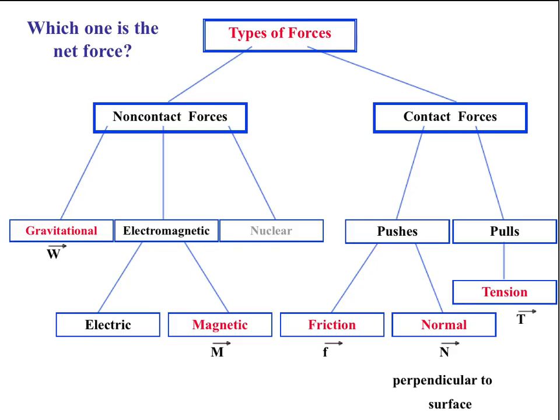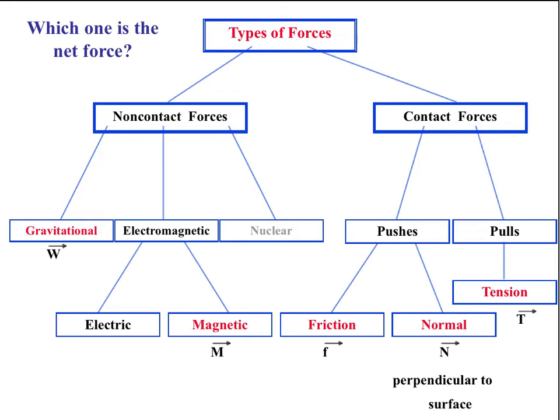So we bring the slide up here with the question, which one is the net force? Technically, they are all a part of the net force. In some cases, maybe only gravity is involved, so it would be the only force involved, therefore it would be the net force.